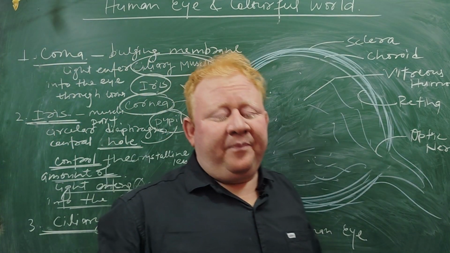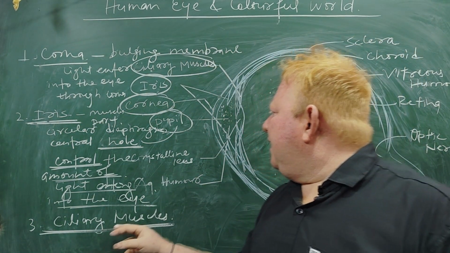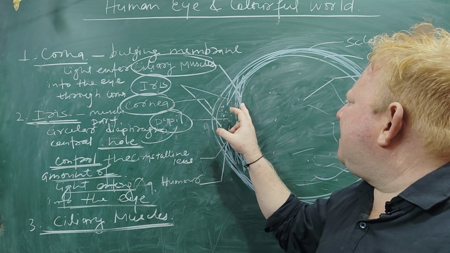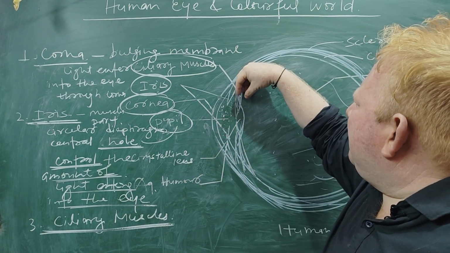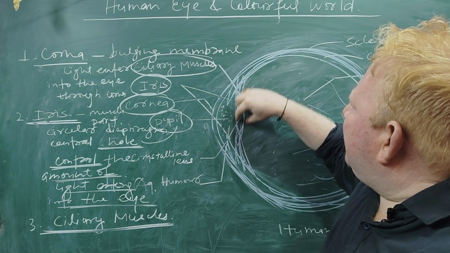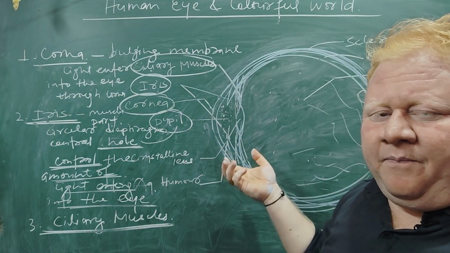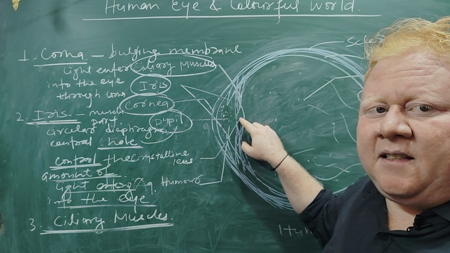Ciliary muscle is also a muscular part. It is placed behind the iris, and it holds the crystalline lens. This ciliary muscle gives a position to the crystalline lens.